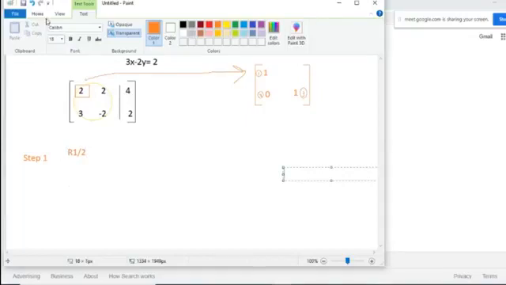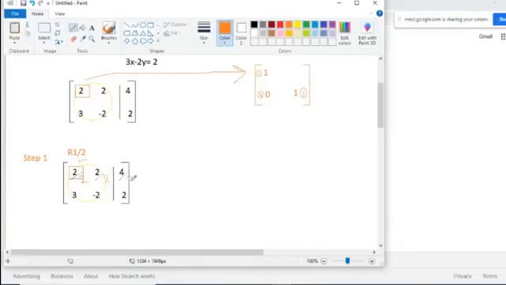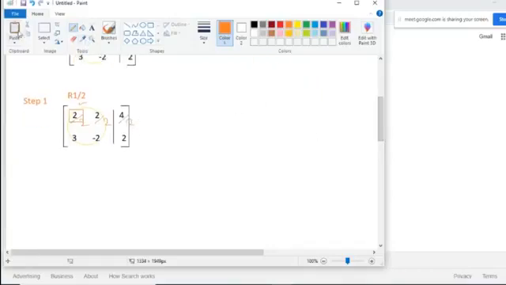I will copy this matrix to be clear for everyone here. I will go to the first line and divide each number by 2. Then this matrix will become what when you do that?